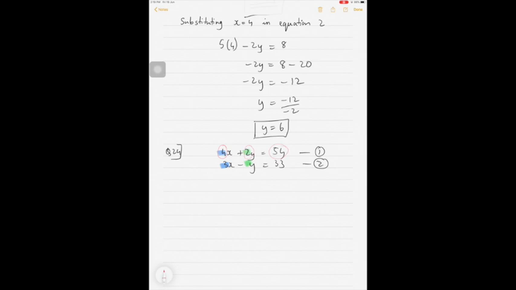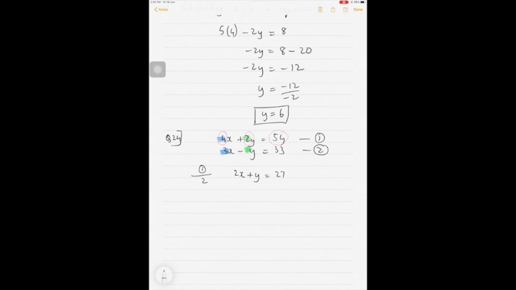In the previous sum I multiplied, so in this sum I'll divide by 2. So when I do equation 1 divided by 2, it will become 2x plus y is equal to 27, since 2 twos are 27.